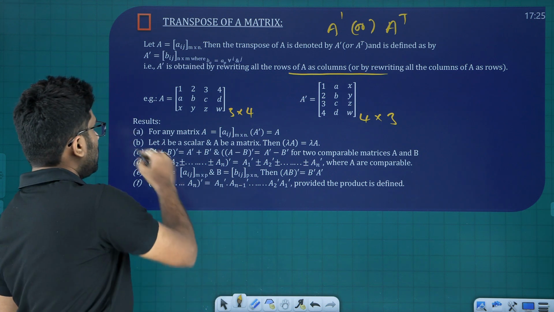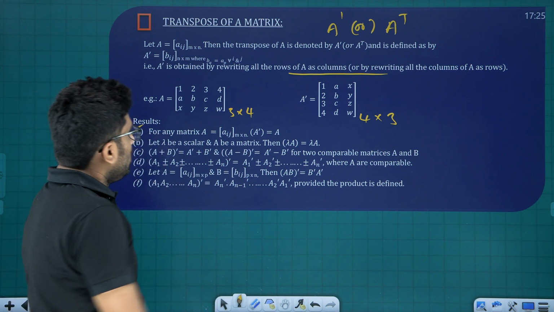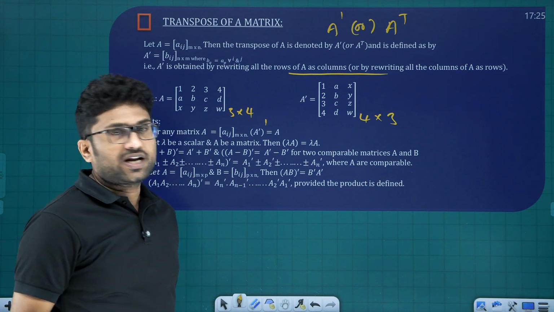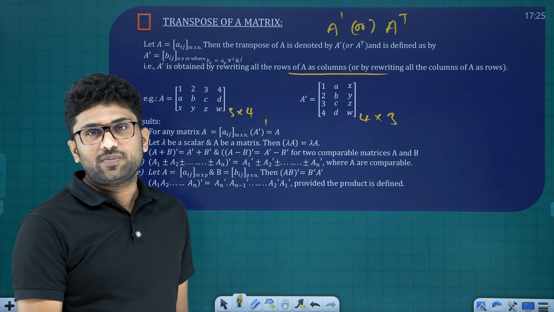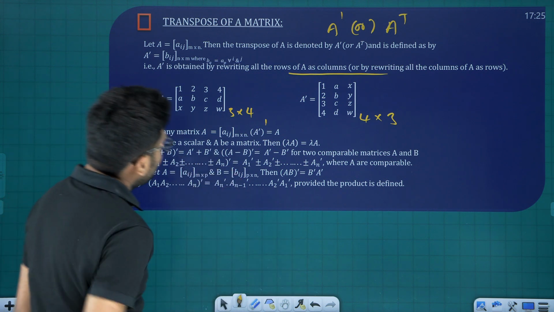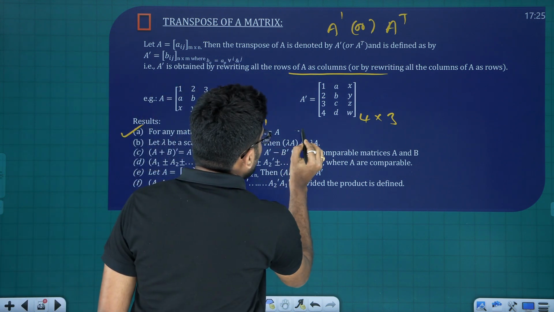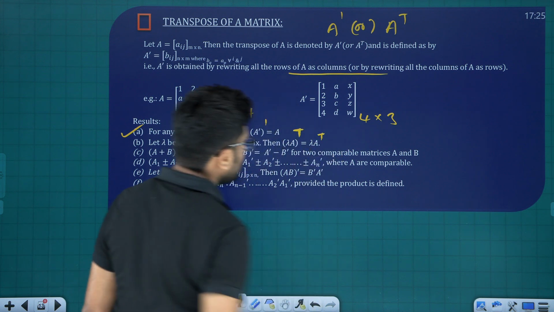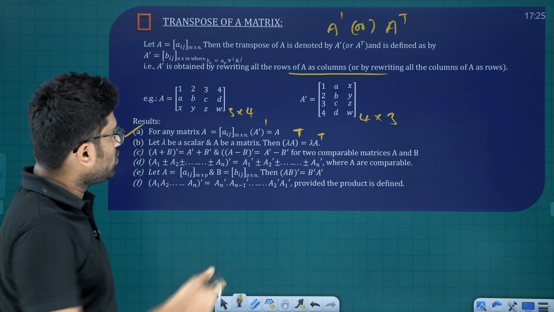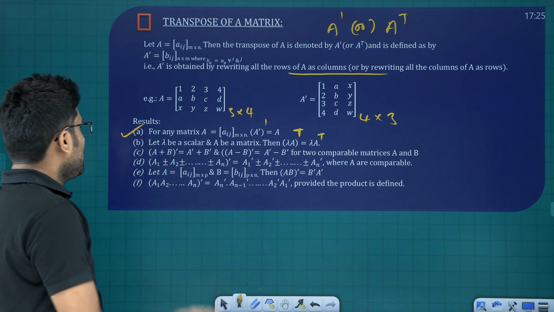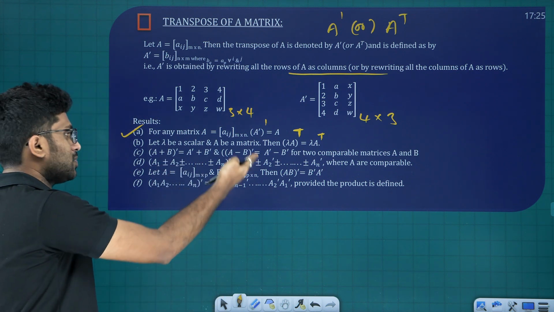Clear? Next, for any matrix A, the transpose of the transpose is equal to A. The transpose of a transposed matrix is the given matrix itself. Let lambda be any scalar: (lambda A) transpose is equal to lambda into A transpose. You can just take the lambda out, then lambda into A transpose. (A plus B) transpose is A transpose plus B transpose.